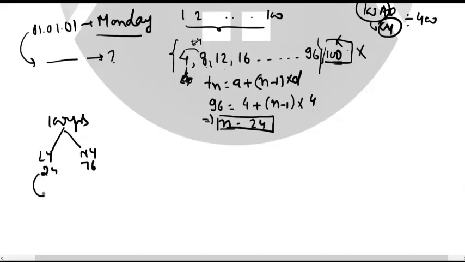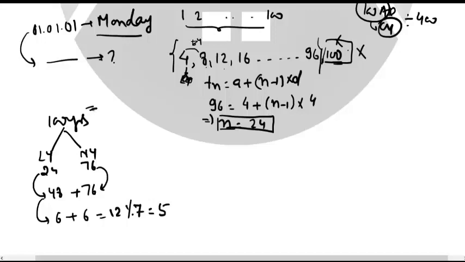Every leap year has 2 odd days, so 24 leap years means 48 odd days, and 76 normal years means 76 odd days. When I find the odd days for this, I get 6 here, I get 6 here, this becomes 12. Again, when I divide by 7, I get 5. So we understand that 100 years will have 5 odd days.